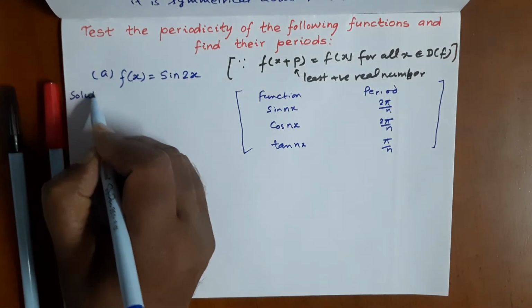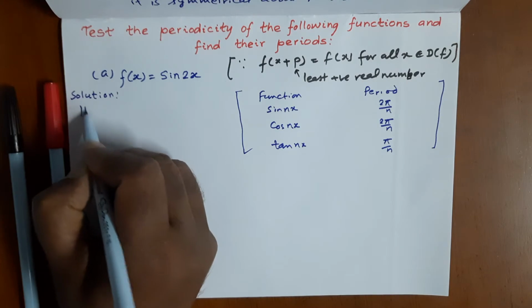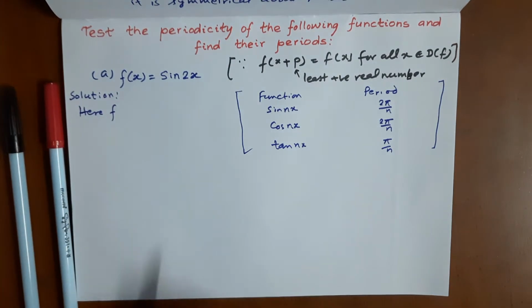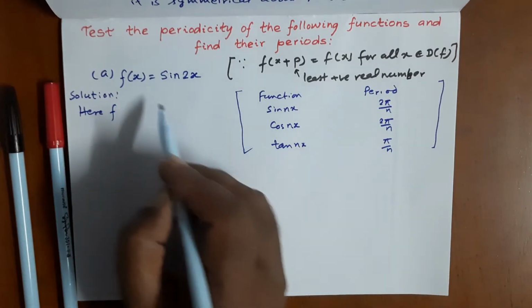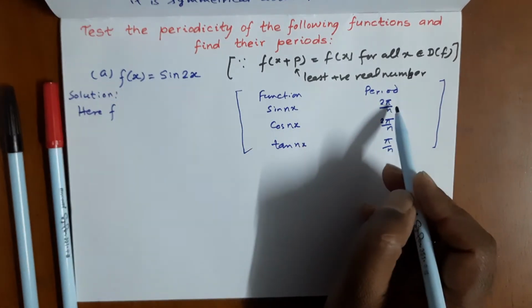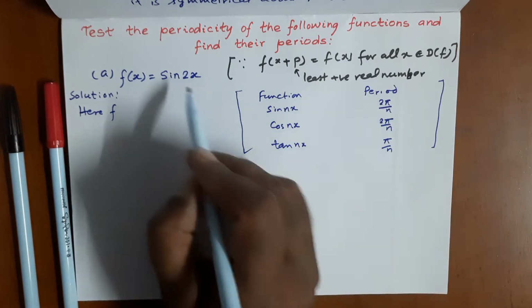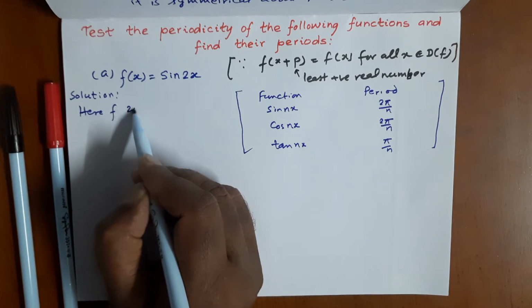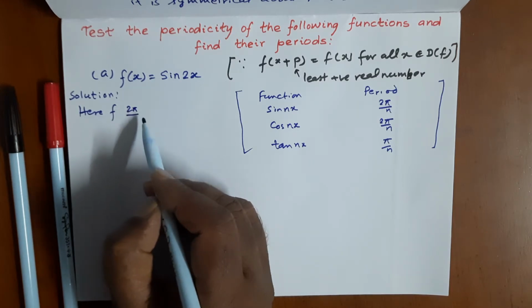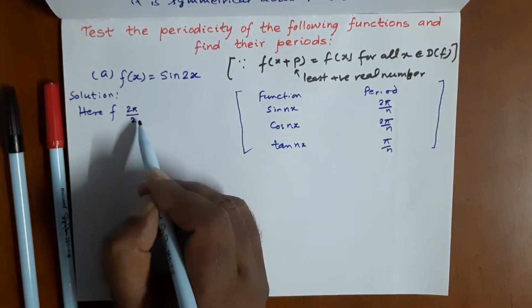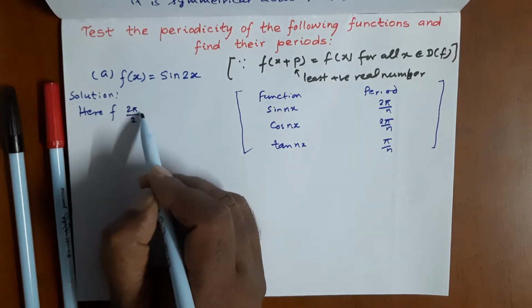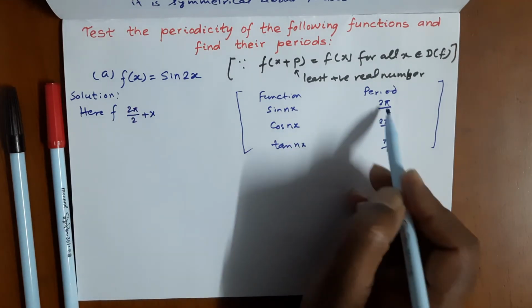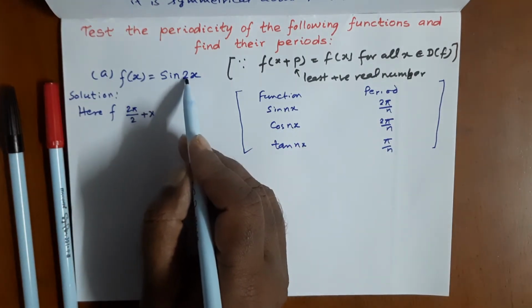Solution. Here, in this, our period is 2 pi over n, and in place of n we have 2 here, so 2 pi over 2.